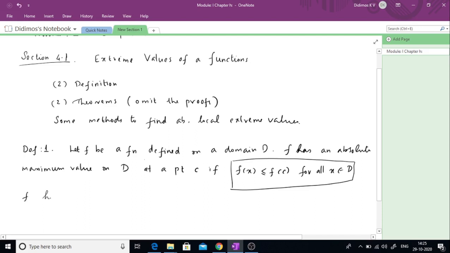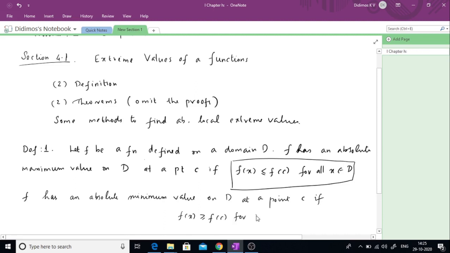So f has an absolute minimum value on D at a point c if f of x is greater than or equal to f of c for all x belongs to D. This is the condition for getting the absolute minimum value of the function on D. In this case we say that c is the point of absolute minimum.